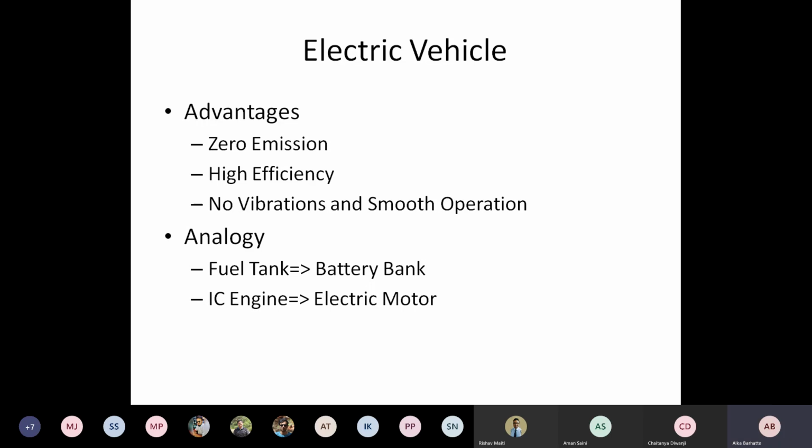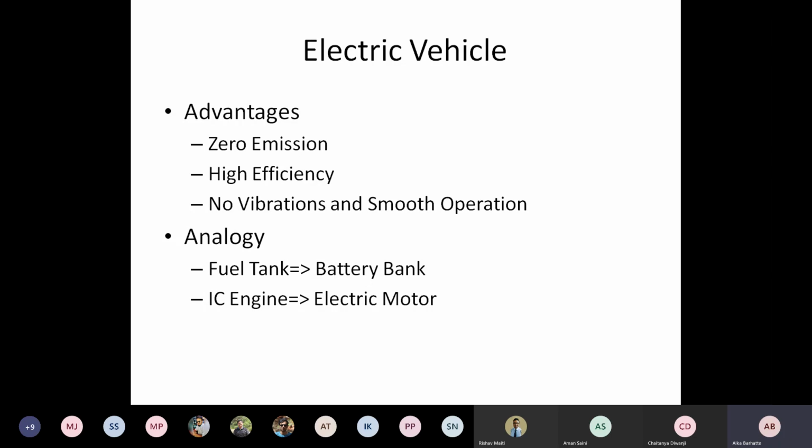Today we'll discuss electric vehicles and then we start with the second unit. As we have already discussed, the advantages of electric vehicles are zero emission and high efficiency. Electric vehicles are completely operated on the battery pack, and hence there doesn't exist any IC engine.